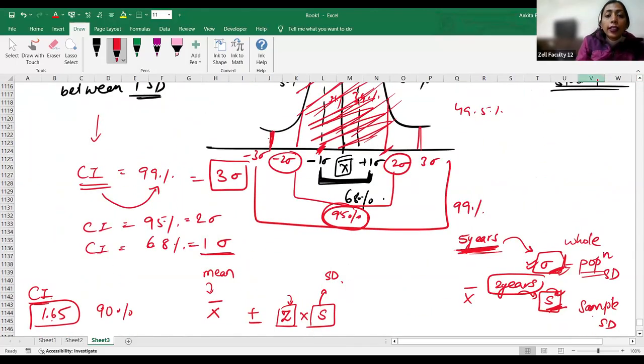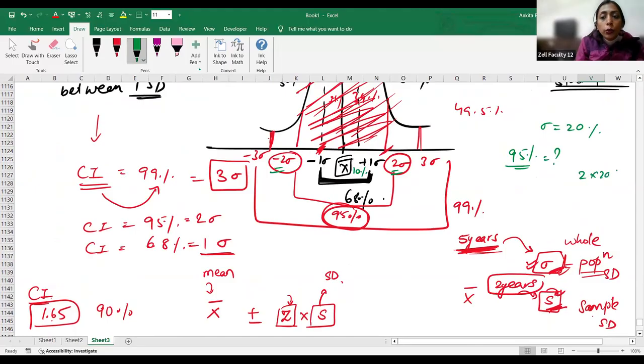So here in this question, if I had given you that the x bar is 10 and the standard deviation you have calculated is 20%, this is 10%, then what would be your 95% confidence interval? Approximately, you can take 2 standard deviations.